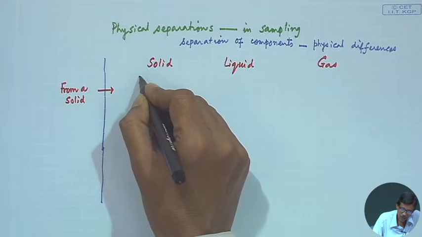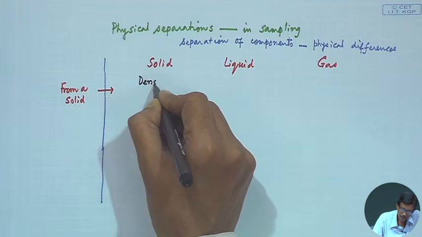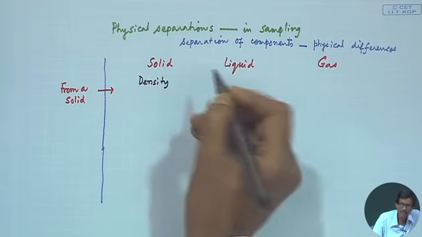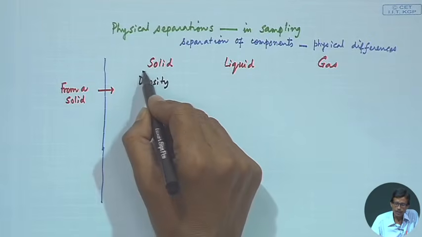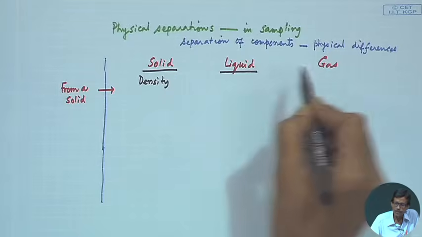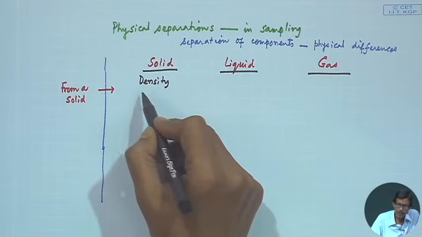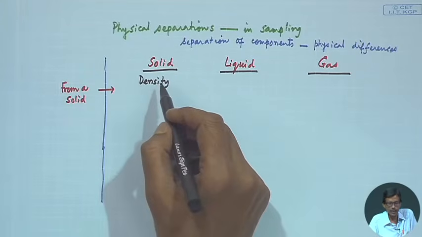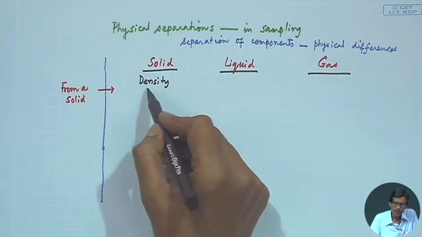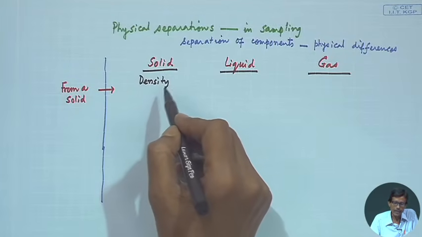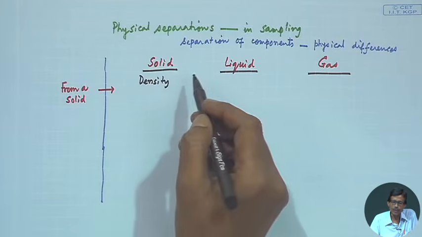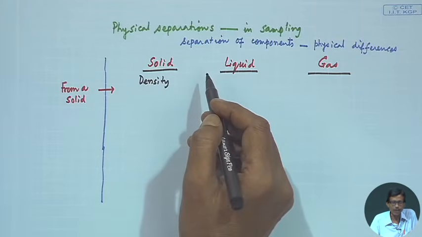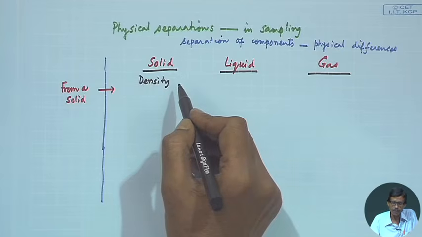If we just look at it, the density of one solid part is different from the other. That means a particular area may have some solid matter containing iron, some containing copper, and some containing more precious metals, say palladium or platinum.